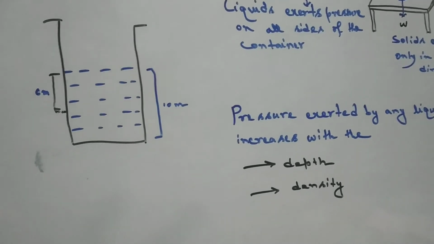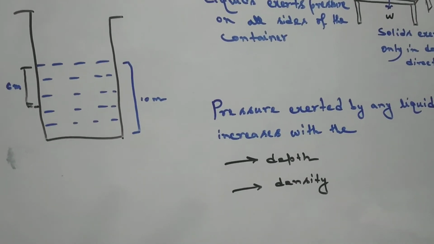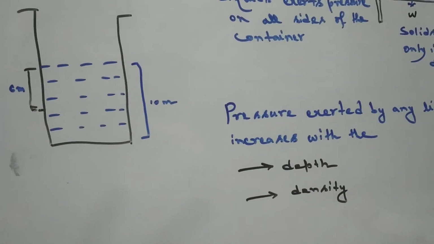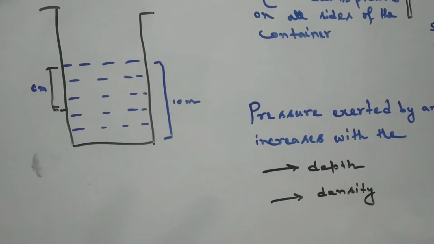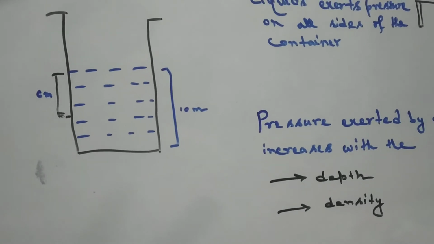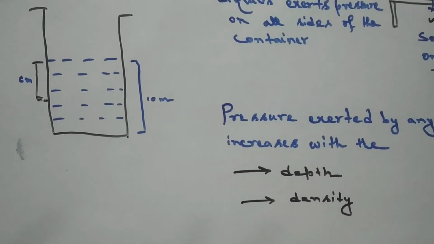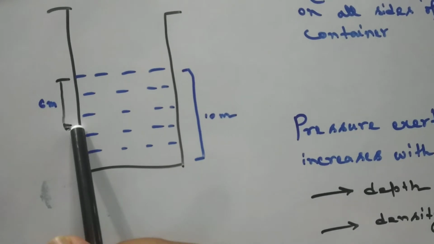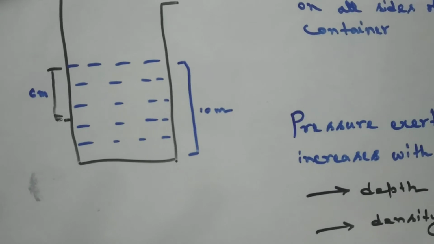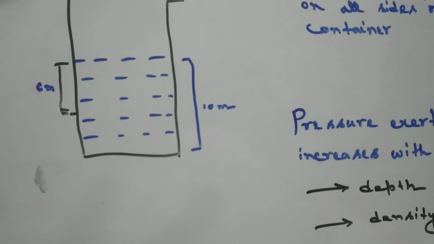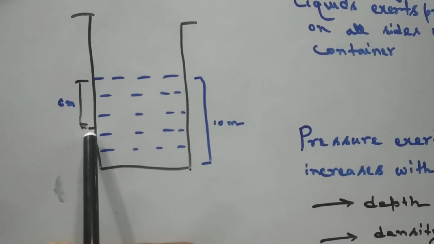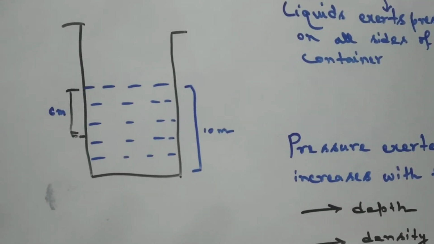That means in case of a denser liquid, or more dense liquid, the pressure will be more. Okay, that means at this point, in case of water, what will be the pressure? If we measure the pressure in case of water at this point, you will find that the pressure will be less than in case of mercury.